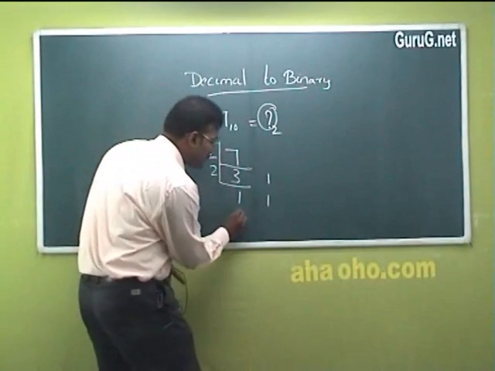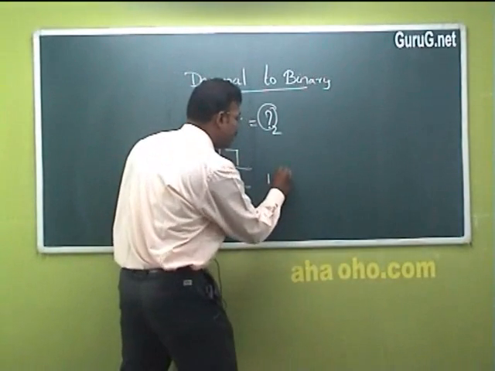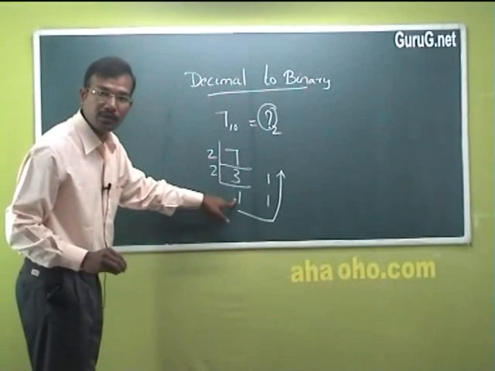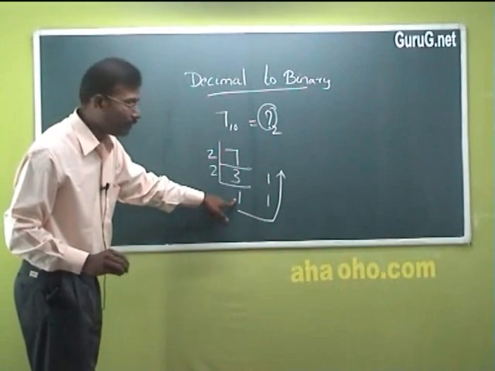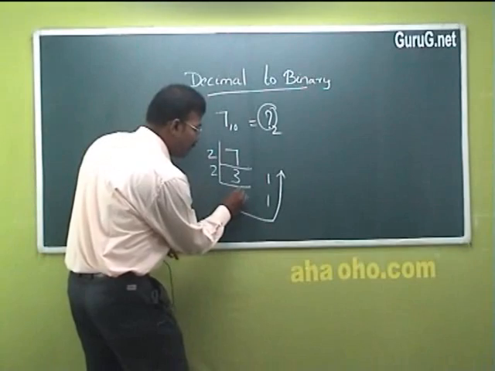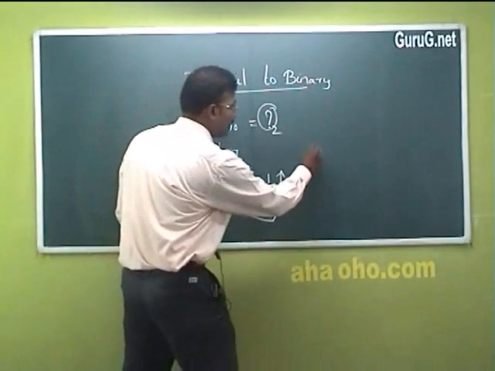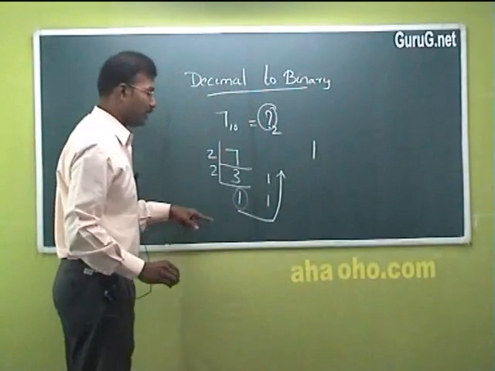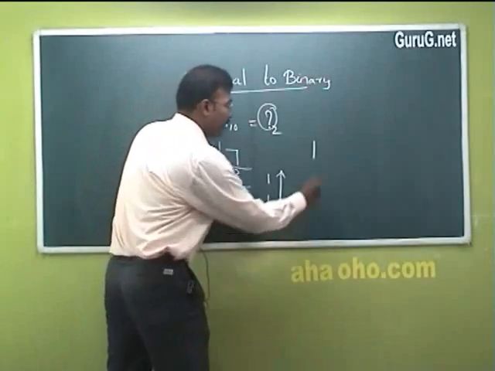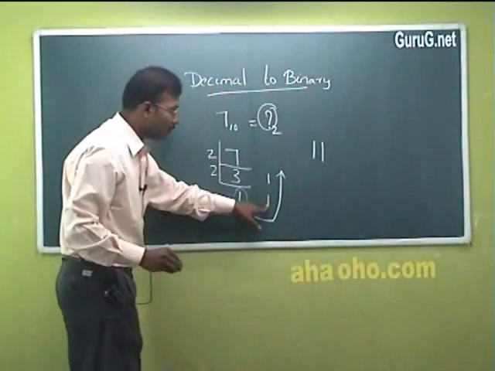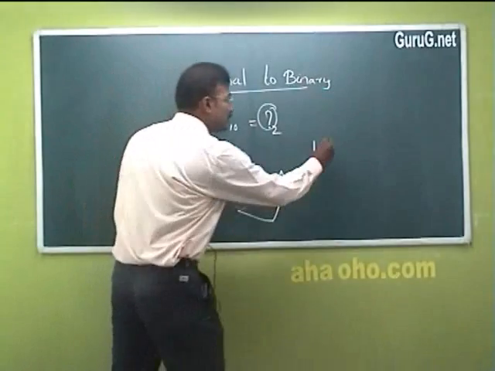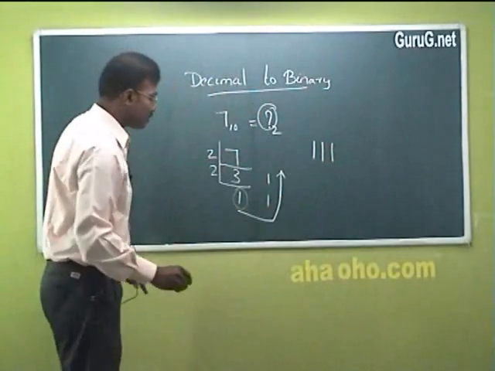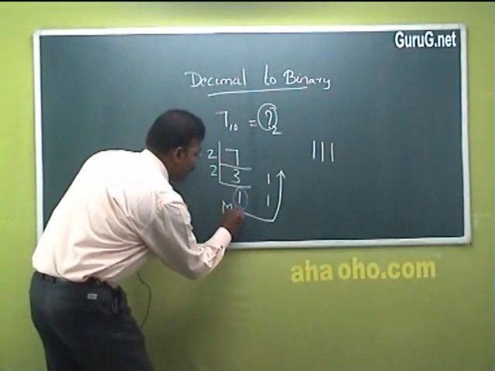Now you need to consider this. You need to write from here. You need to represent this number from here. That is, this will be the most significant bit, that is 1, and this will be followed by this number, the second one, and this will be followed by this number 1. So this will be MSB.